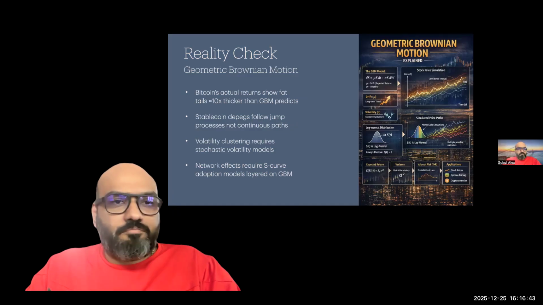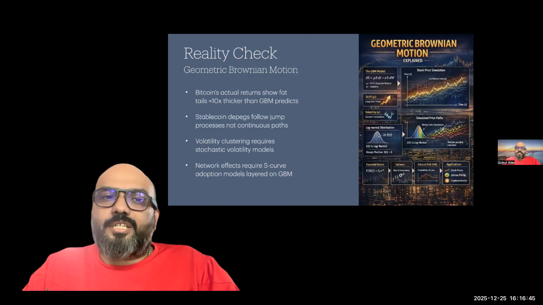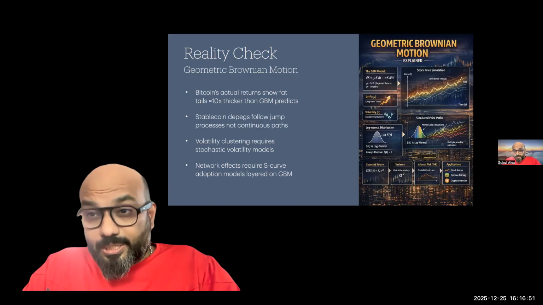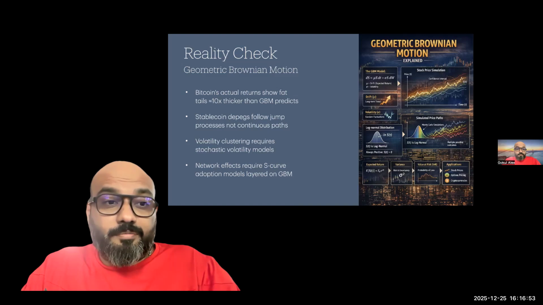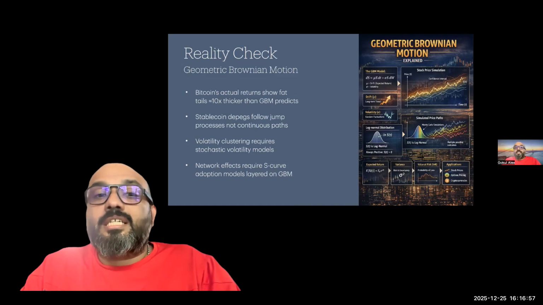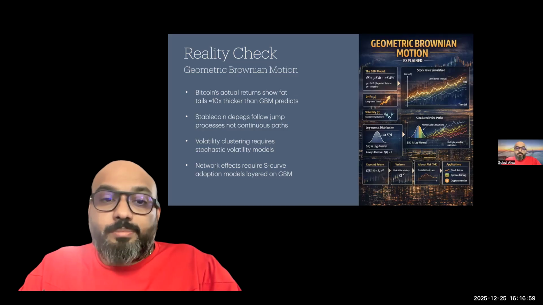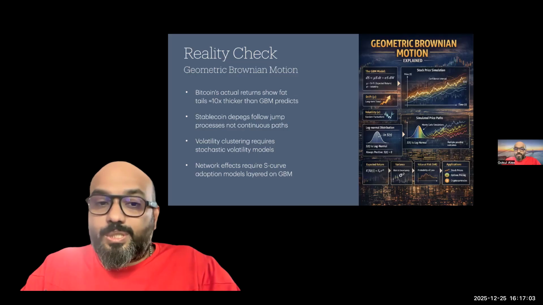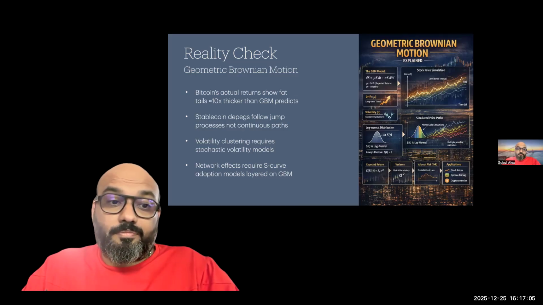But when you do the reality check, the geometric Brownian motion tends to have some constraints, as we mentioned here. Bitcoin's actual returns show fat tails 10x thicker than what the GBM predicted. And stablecoin depegs follow jump processes, not continuous paths.